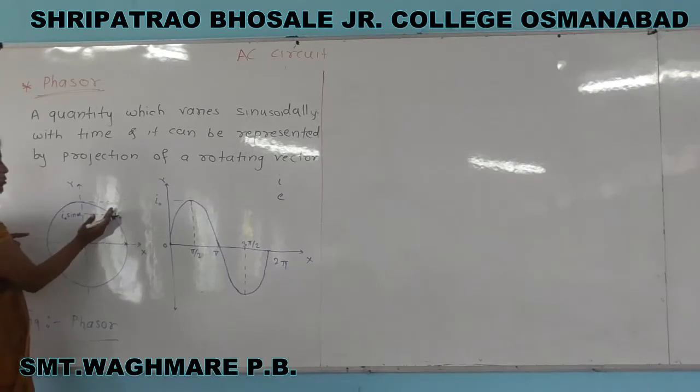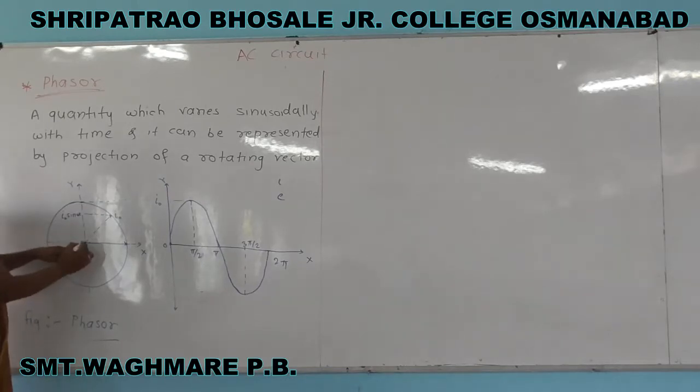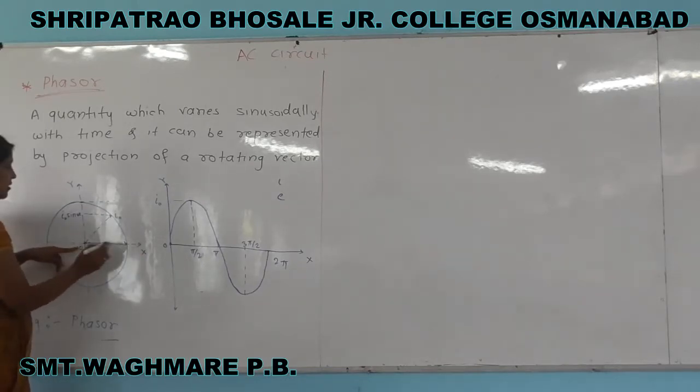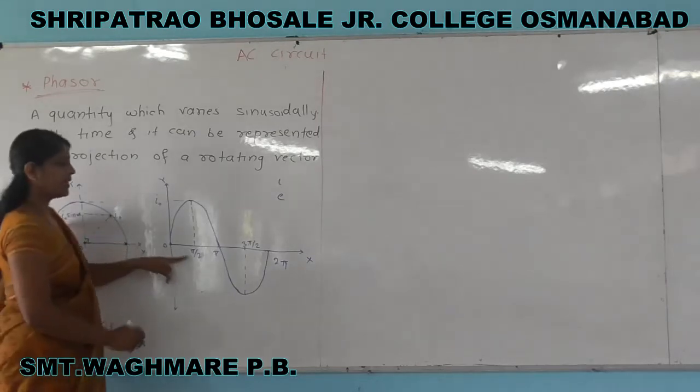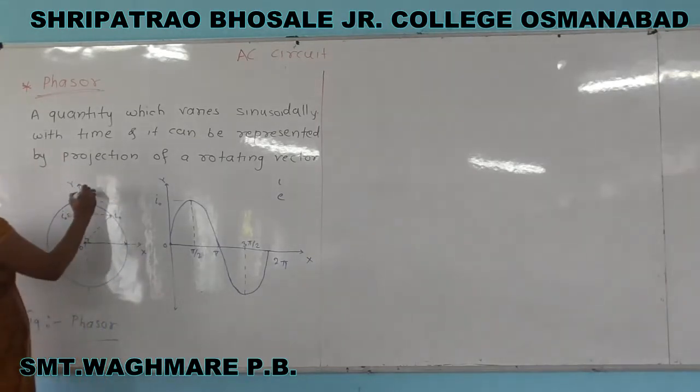As this vector moves from this point to this point, the angle between the OX axis and the vector position is 90 degrees, that is, the angle is pi by 2 here.